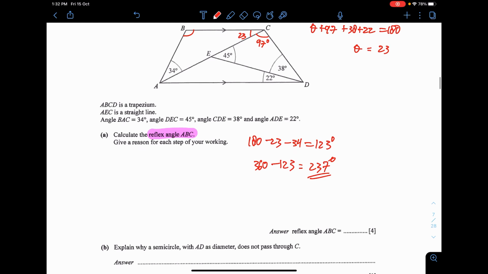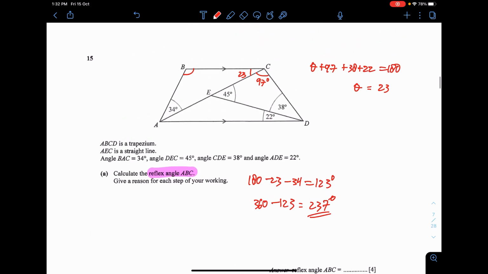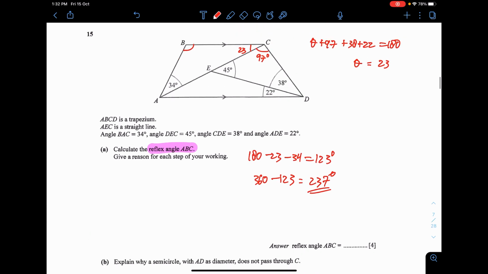Explain why a semicircle with the length of AD as diameter does not pass point C. AD as diameter. So this is the AD here. It must not cross the point C. Why? Simply is this. If AD is a diameter and you make a circle, the circle has a diameter of AD.